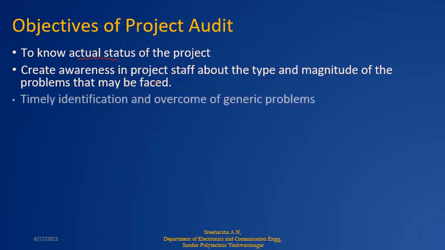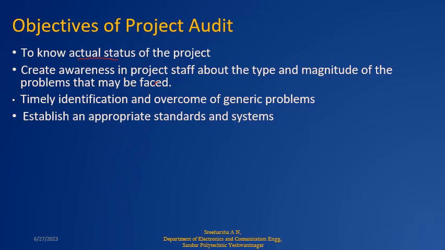Then to identify general problems that may arise, and the methods that can be used to overcome, avoid or solve them. So audit is done for timely identification and methods to overcome generic problems.